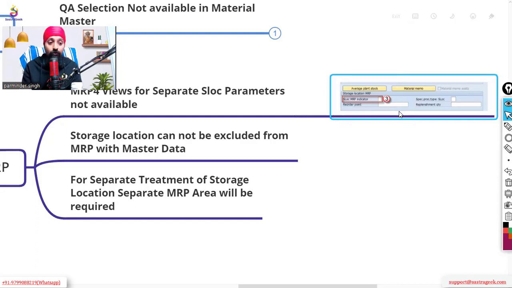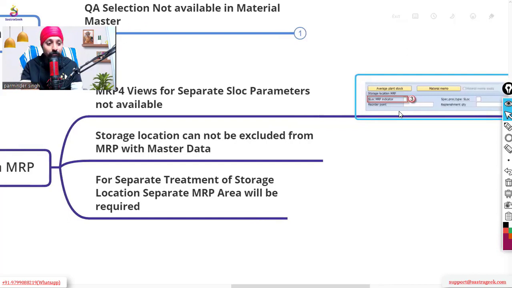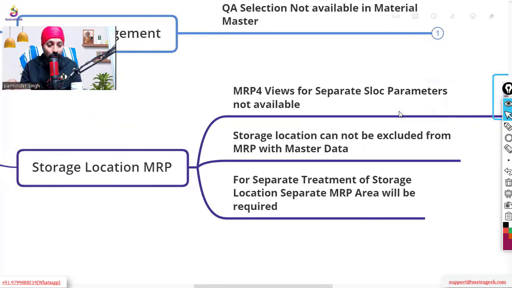The planning engine needs to work with better efficiency so that even during the day, for a group of materials, you should be able to run your MRP. What kind of performance bottleneck it was creating, we'll talk in detail. Because of that, these fields have been removed and we now have storage location level MRP, which requires the MRP area to be created.